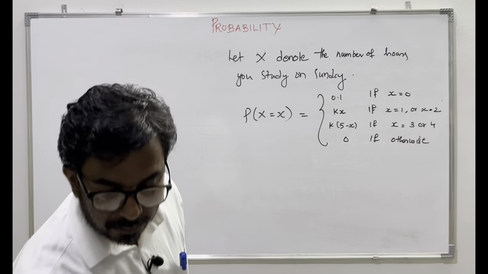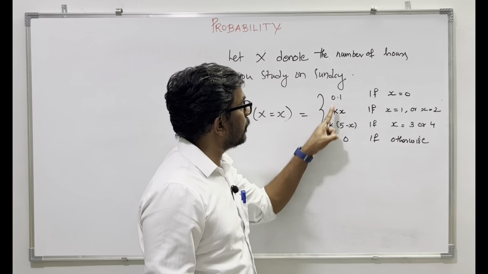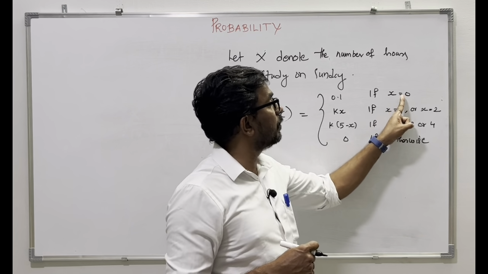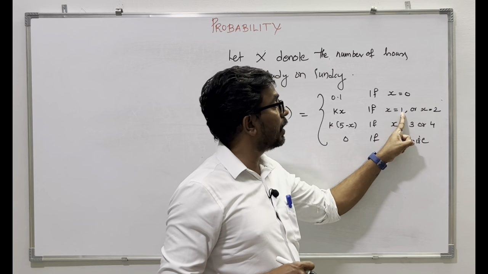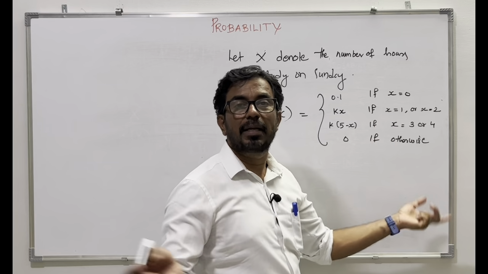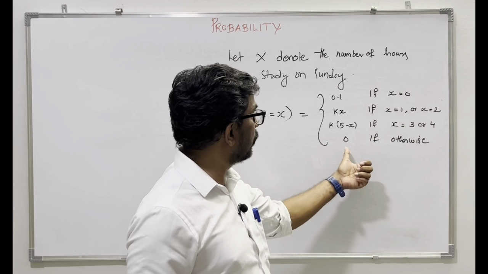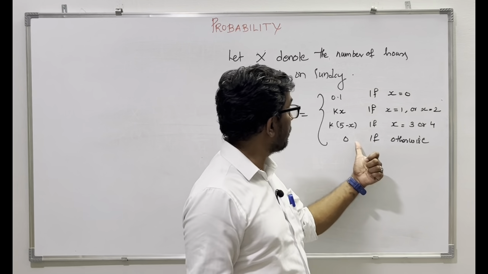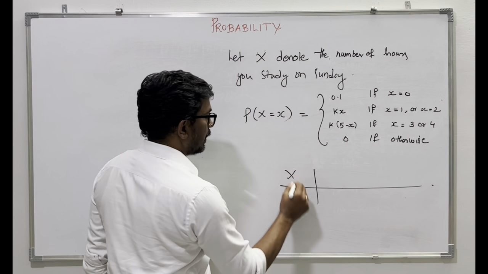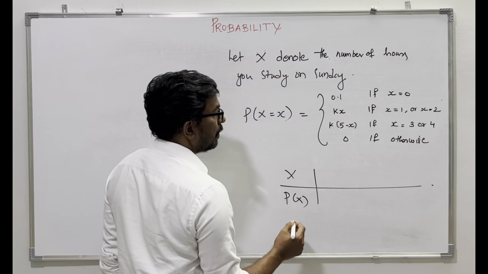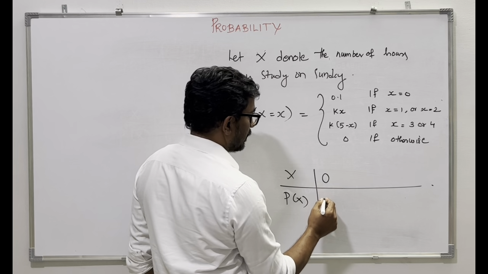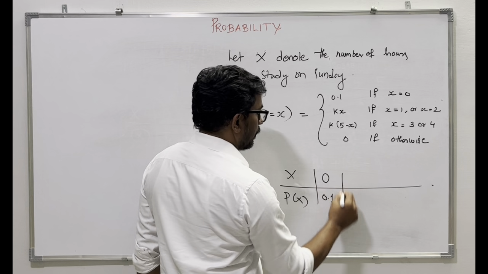This means the probability is given like this. The random variable x takes these values. X can be 0, 1, 2, 3, 4. Otherwise means anything above that, 5, 6, 7, that is going to be 0 only. It's not a big matter. Let us write it as a column, X and P of x. When the random variable takes 0 as the value, the probability is 0.1.